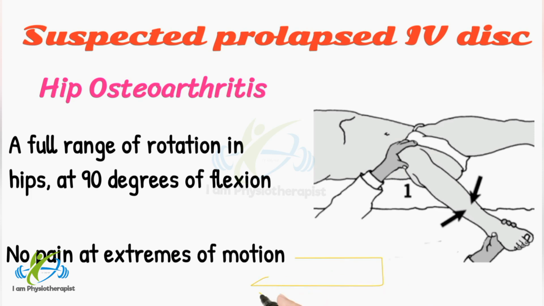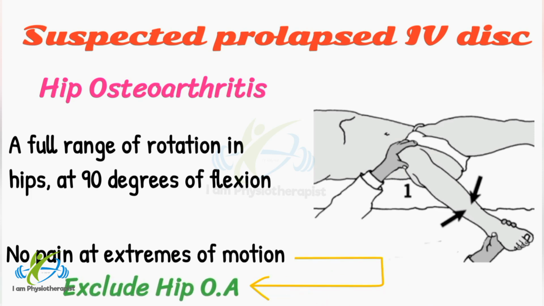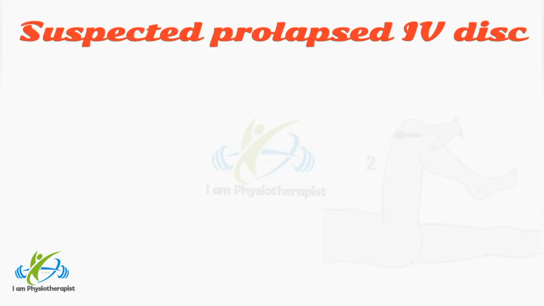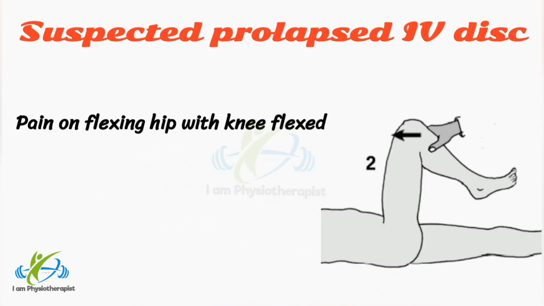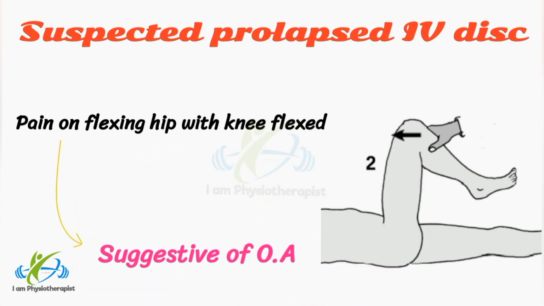No pain at the extremes of motion is generally sufficient to exclude osteoarthritis. Note that if there is a complaint of pain on flexing the hip, with the knee flexed, it is suggestive of osteoarthritis.